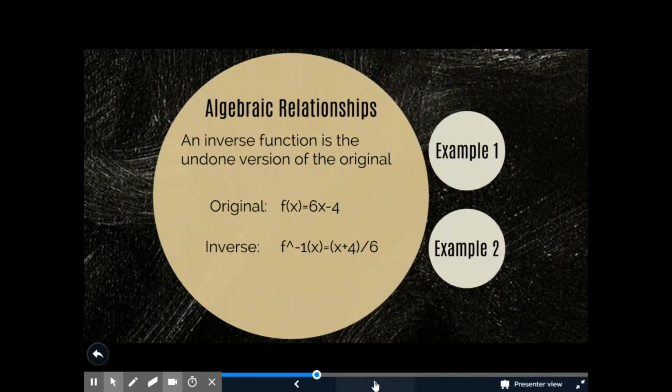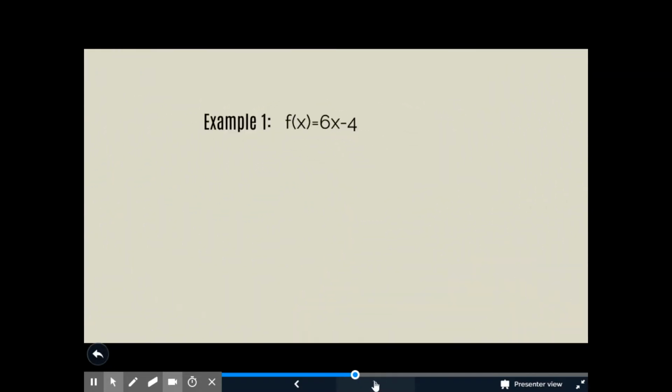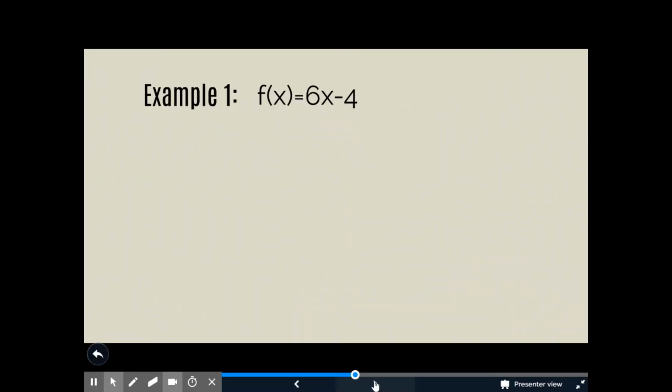So an inverse function is, as we said, an undone version of the original. Say you have the original 6x minus 4. Whenever you do all the work to get the inverse, you get x plus 4 all over 6. So let's find that. f of x equals 6x plus 4.